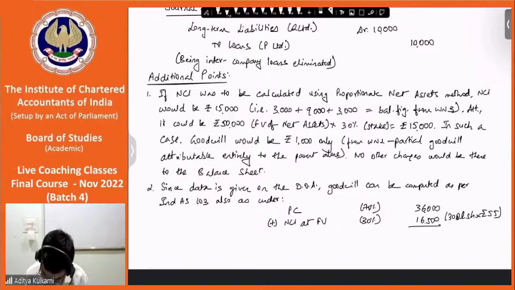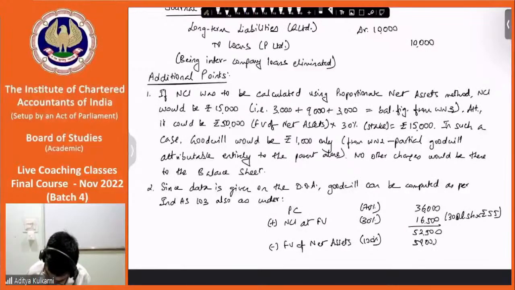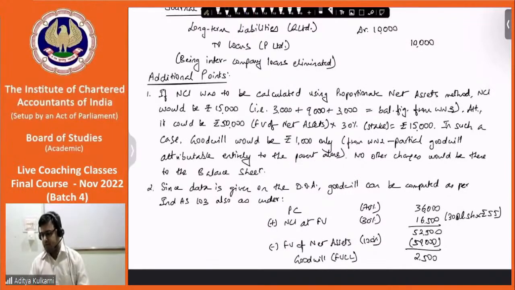So this comes to 52,500 less fair value of net assets, which is again 100% of the net assets, 50,000. So 2,500 would represent goodwill. Which goodwill? Full goodwill.